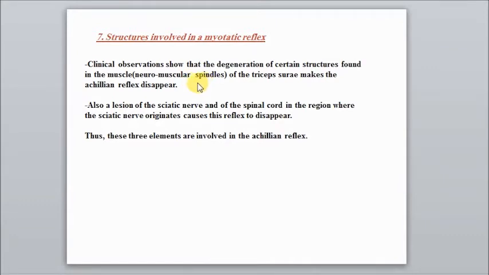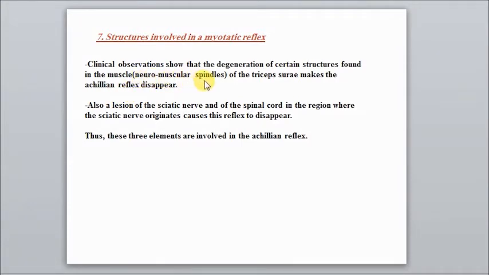When the neuromuscular spindles, which are found inside the muscle, degenerate, the reflex is going to disappear. Here we're talking about the Achillean reflex.